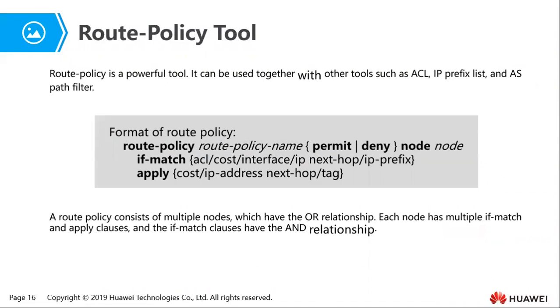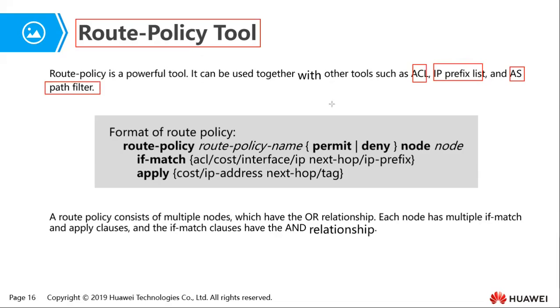We go on and look at, other than the filter policy, the other policy that we can use, what we call the route policy. So route policy is a powerful tool. It can be used together with other tools such as ACLs, IP prefix lists, AS path filters. So it can be used with all the other filters.